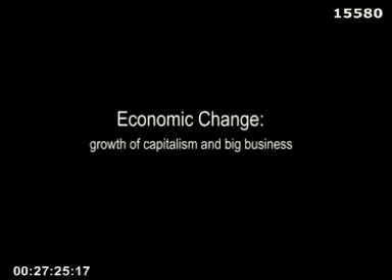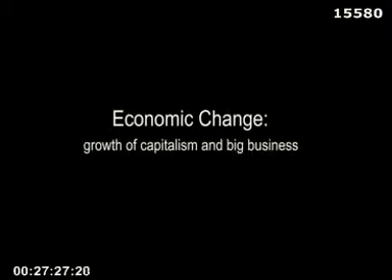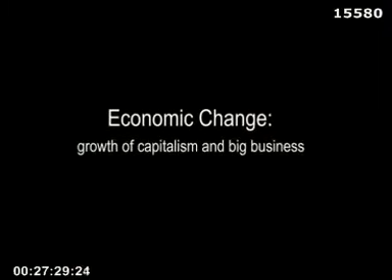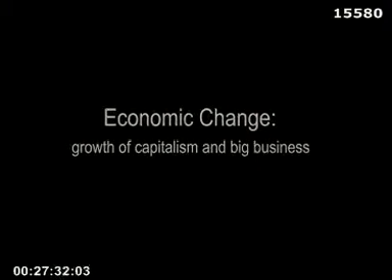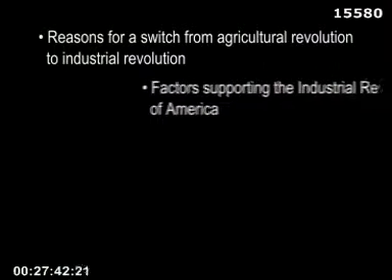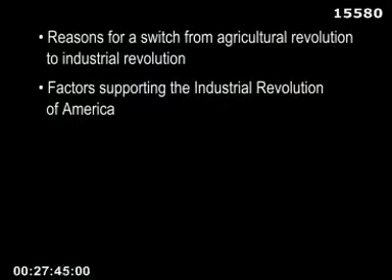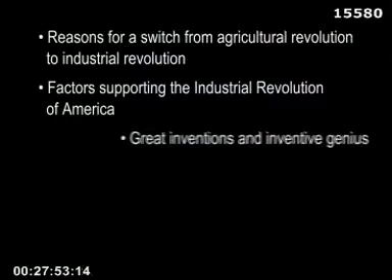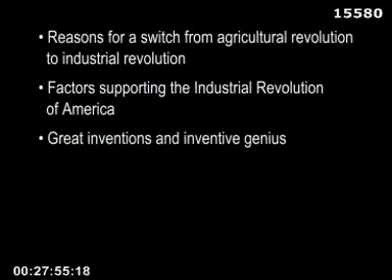In this episode on the economic change, growth of capitalism and big business, our discussion began with the question why there was a switch from agricultural revolution to industrial revolution. Then we discussed the factors like land, labor, capital, organization, which supported the Industrial Revolution of America. We also discussed the great inventions and inventive genius of America.